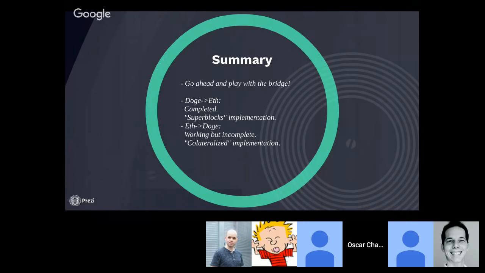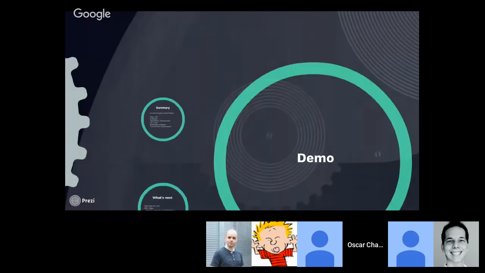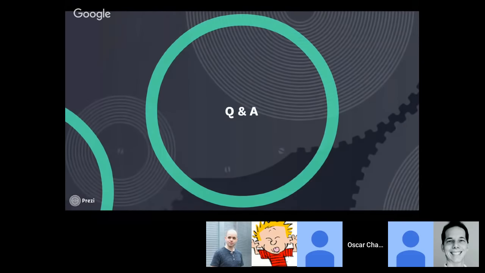The Dogecoin to Ether side was completely refactored using the Superblock implementation, and the Ethereum to Dogecoin side of the bridge was implemented using a collateralized approach, but there are some things that still have to be completed. So I think that's all from our side. Now it's time for questions and answers.